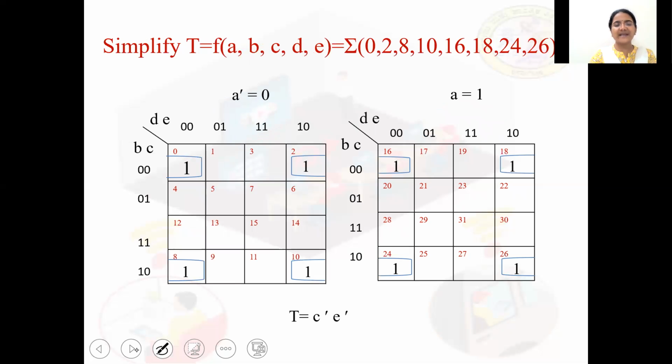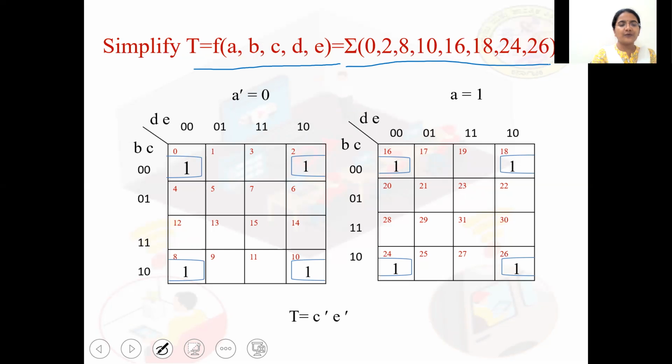We'll solve some examples on this 5 variable K-map. The first example is simplify T equals f of A, B, C, D, E, with these minterms whose output is logic high. Now we have to write two 4 variable K-maps.